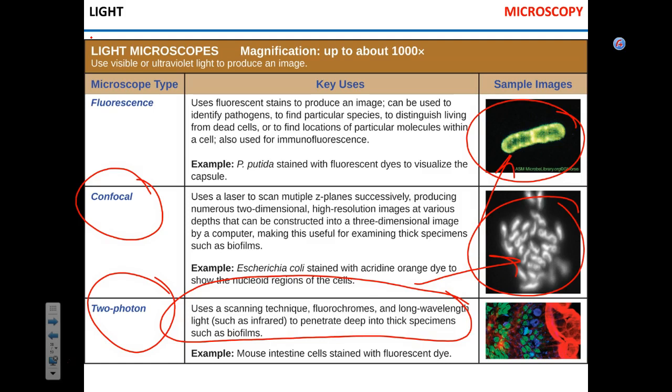And this method will allow you to visualize individual cells moving. So it allows you to shoot a movie about cells floating around, moving and stuff like that. And you can label those cells with fluorescent dyes. And you will see some cells will be green, some cells will be blue, some cells will be red.